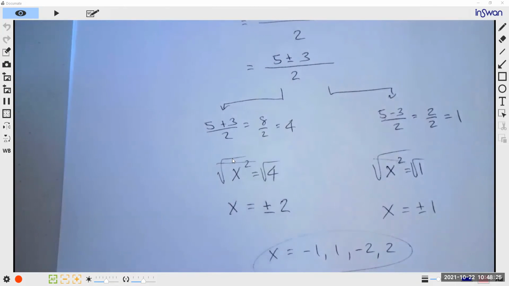The next section we're going to talk about on Monday is analyzing graphs of quadratic equations, and we'll look at rational and radical equations. All right, so let me end this recording and we'll start again looking at the solutions.